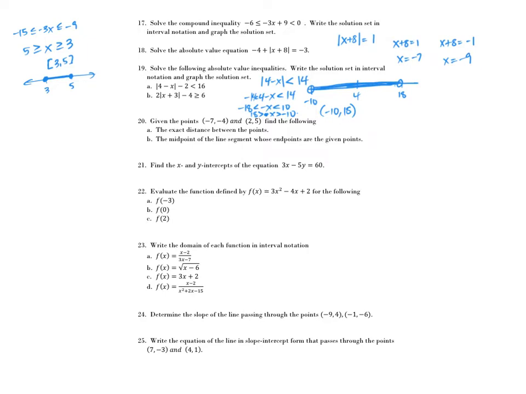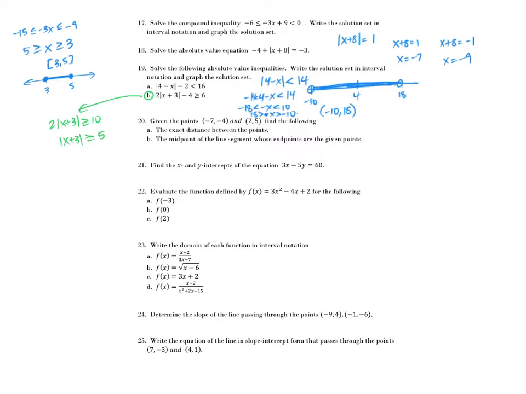Okay, on B, I'll solve that in green over here. And so if I add 4 to both sides, I get 2 times the absolute value of x plus 3 is greater than or equal to 10. I can divide both sides by 2. So I have the absolute value of x plus 3 is greater than or equal to 5.